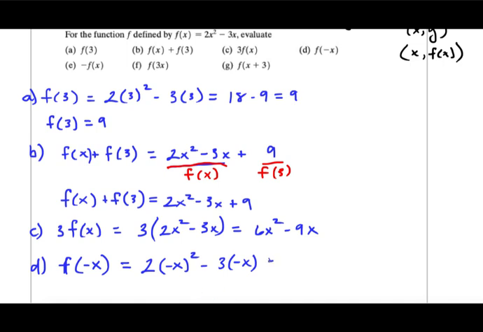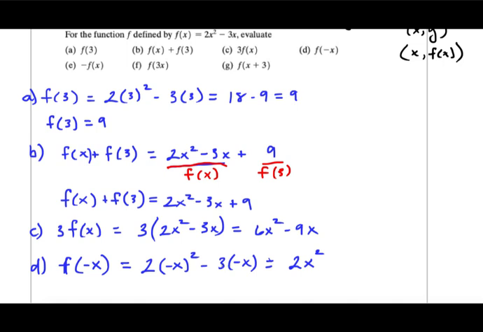And so if I simplify that, well, negative x squared, anything squared is positive. So negative x squared is equal to x squared, so that becomes 2x squared still. Now minus 3 times a negative x, so 3 times a negative x is going to be like 3 times negative 1x, and 3 times negative 1 is just a negative 3.